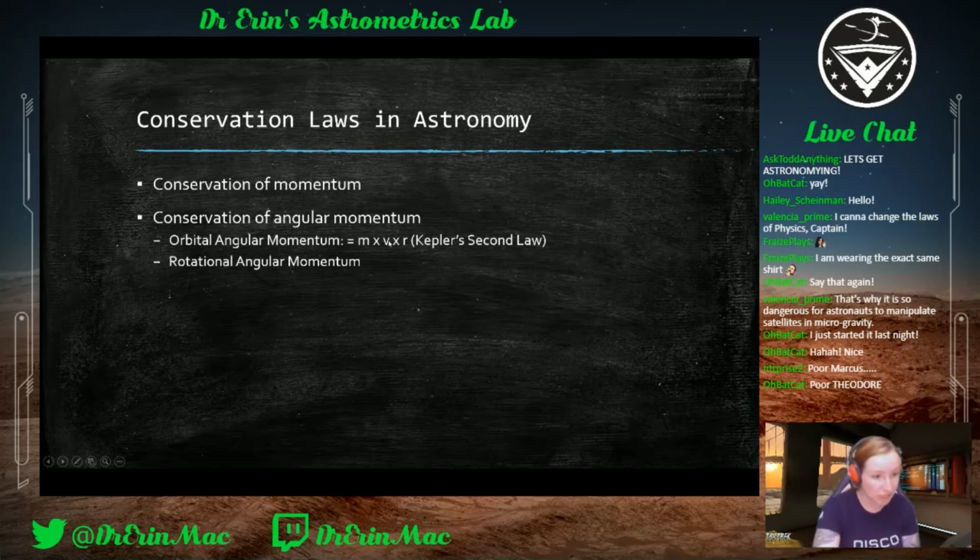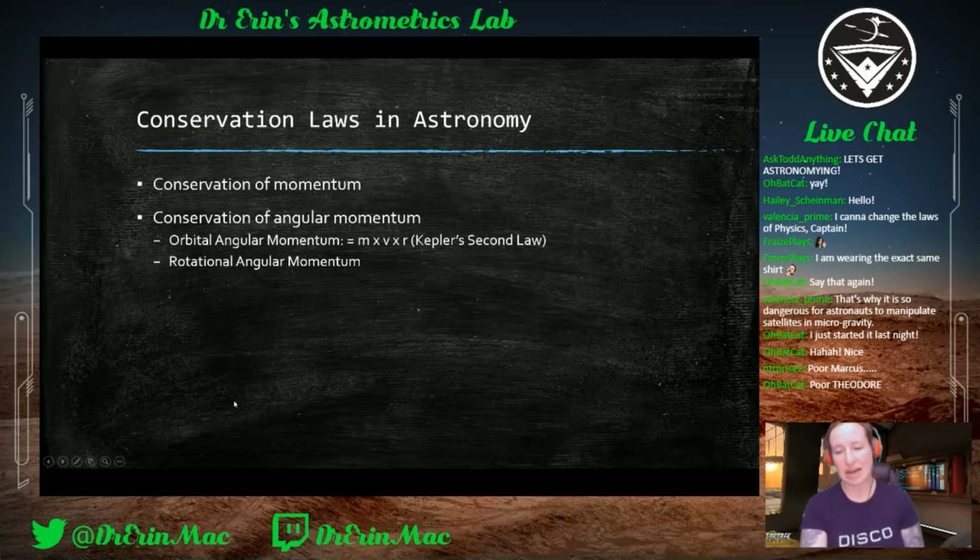So if something changes, something else has to change in the opposite way to keep that equal. So Kepler's second law: when they're close, the radius is down, they're going fast. When they are far away, the radius increases, the radius gets bigger. This is why I have to say it out loud. The radius gets bigger, they're further away, they slow down. The velocity gets smaller. Overall, the angular momentum is conserved.